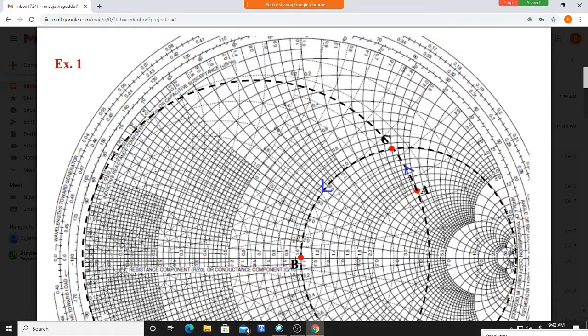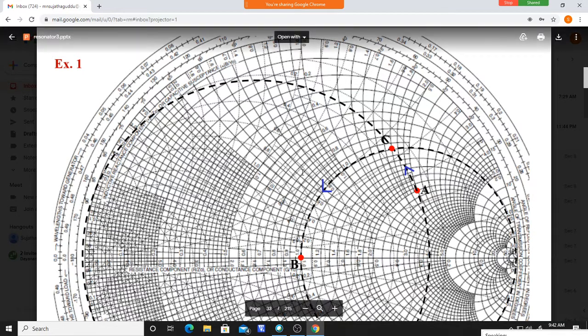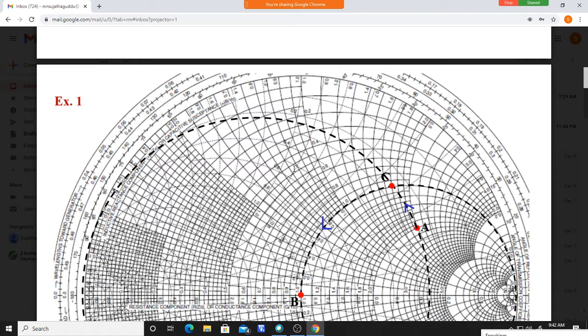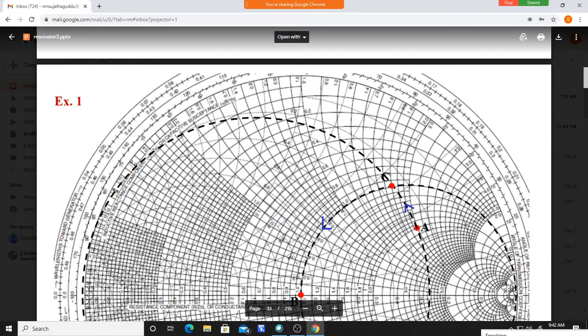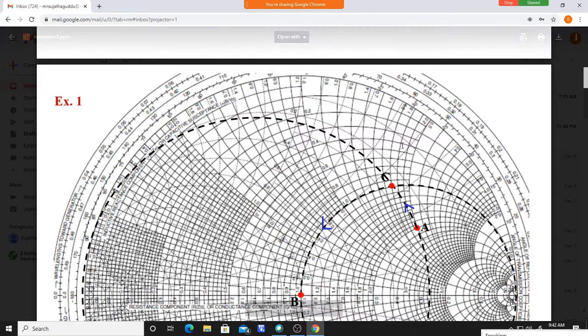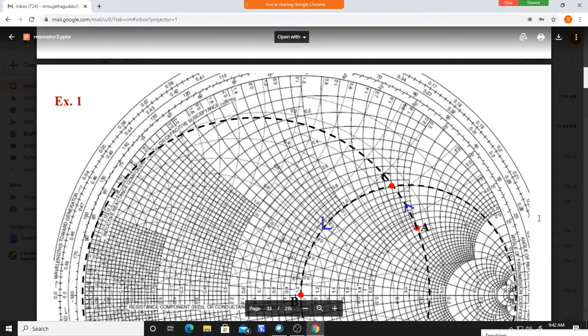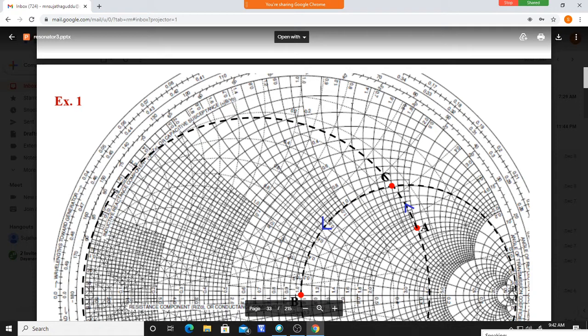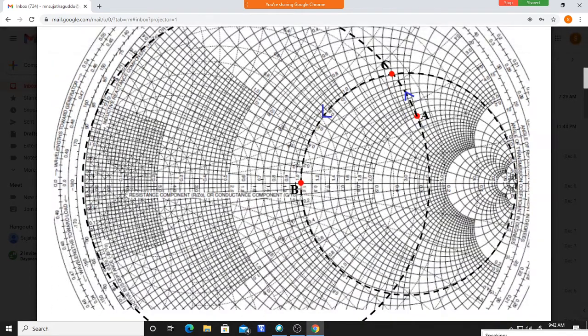Solid lines are associated with the impedance, that means resistance and reactance circles. These are the resistance circles, and the reactance circles are like this. The susceptance and conductance circles are dotted lines.